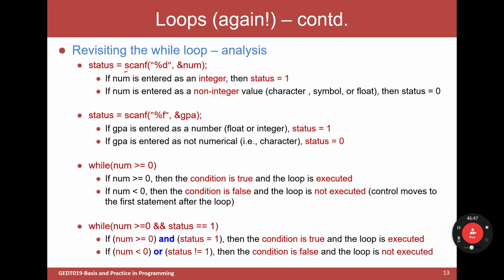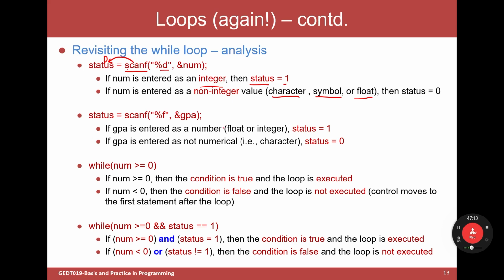So here is the scanf, and if you put some good digits, some integer, status will equal 1. So scanf will give the status 1. And if you put, for example, a character or symbol or a float number, that means not a digit. In this case, status will be equal to 0.